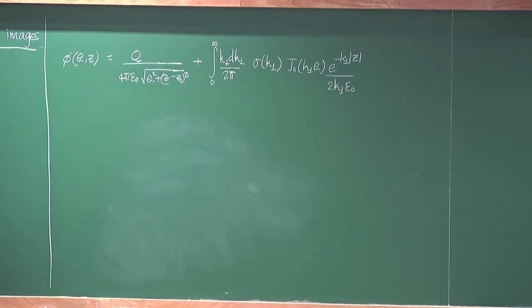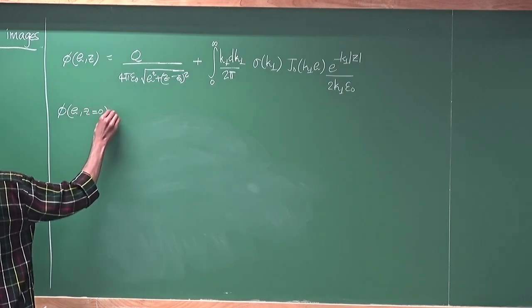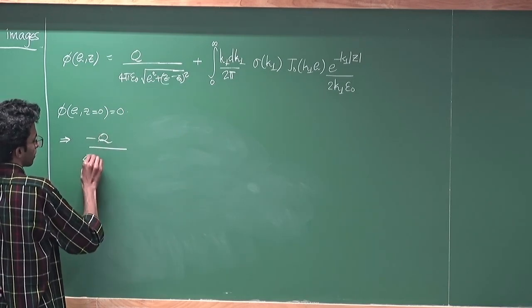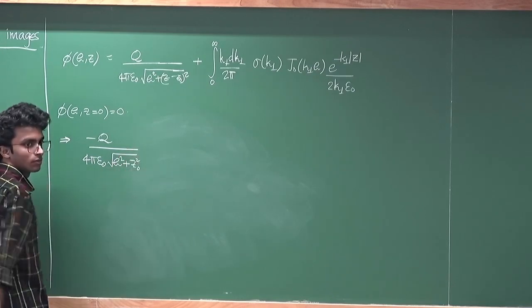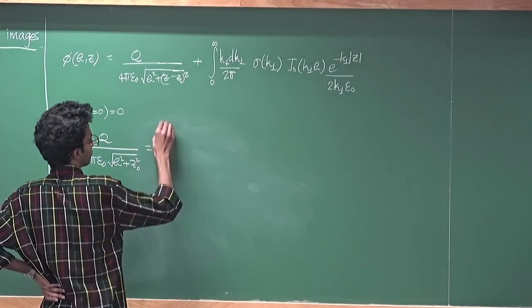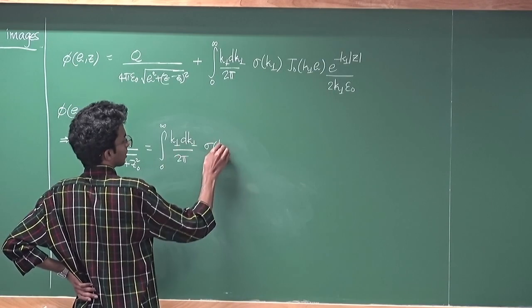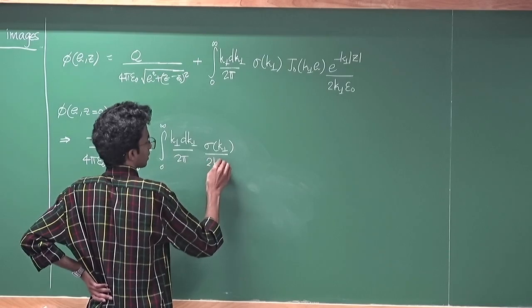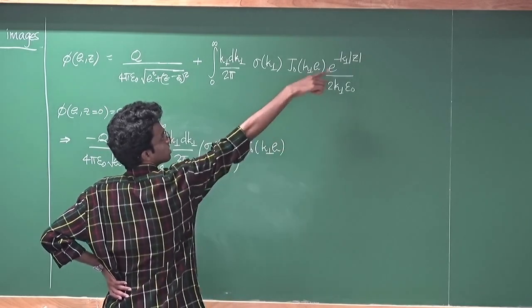You just use the boundary condition, and the boundary condition here is that at z equal to 0, the potential has to vanish. So phi of rho comma z equal to 0 is 0, which implies that minus q over 4 pi epsilon naught square root rho squared plus z naught squared equals the integral from 0 to infinity of k perpendicular dk perpendicular over 2 pi, sigma of k perpendicular over 2k perpendicular epsilon naught times J naught of k perpendicular rho, because z equal to 0.